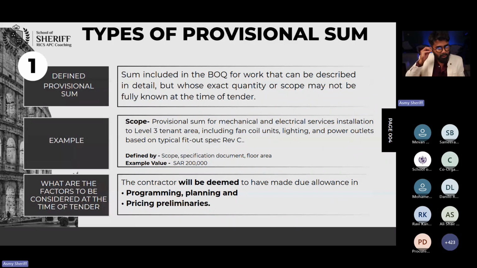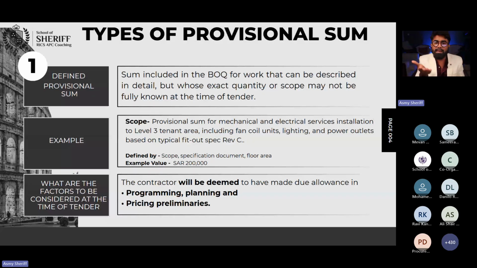He doesn't know whether he is going to construct the mock-up room or not, but he may have a simple drawing. He may have some kind of visual expectation of what he wants. He may have some thought, but he does not have a firm decision. In that situation, what will the employer do? The employer will mention it as a provisional sum, but he will give you some hint, some information also.